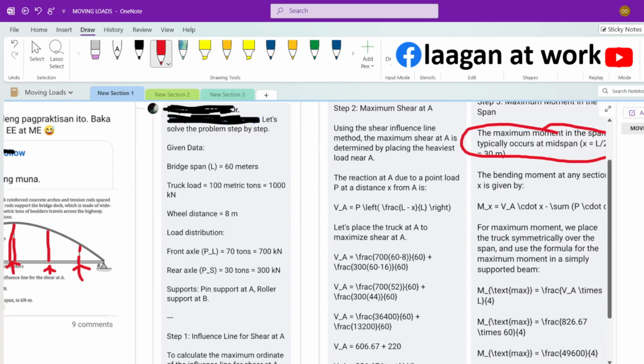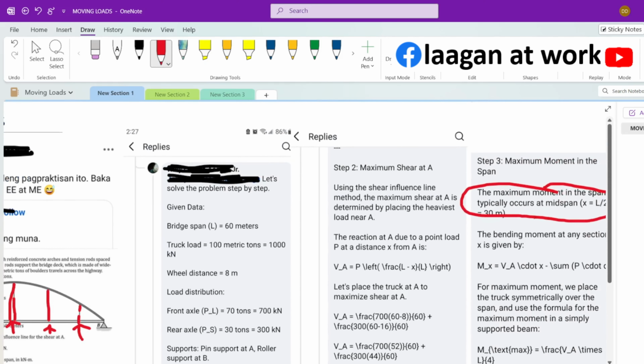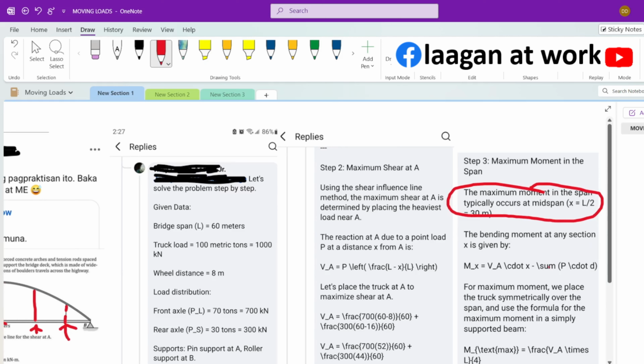And then he even said maximum typically occurs at mid-span. Now, mid-span, that is if your load is just a single load. Like assuming for the sake of discussion, your span is 60 meters, simply supported. Now, if it is a moving load and there are at least two axles, then your maximum moment is not at the midspan.